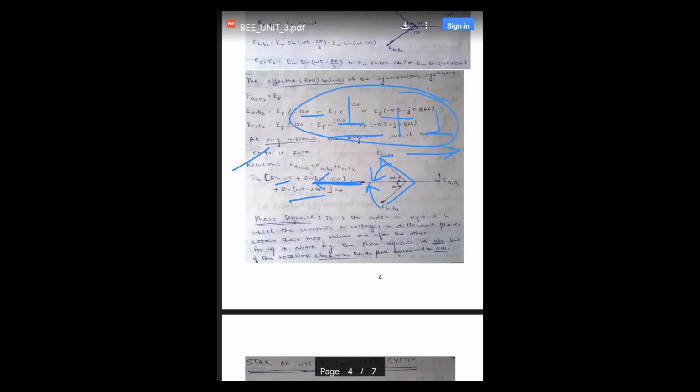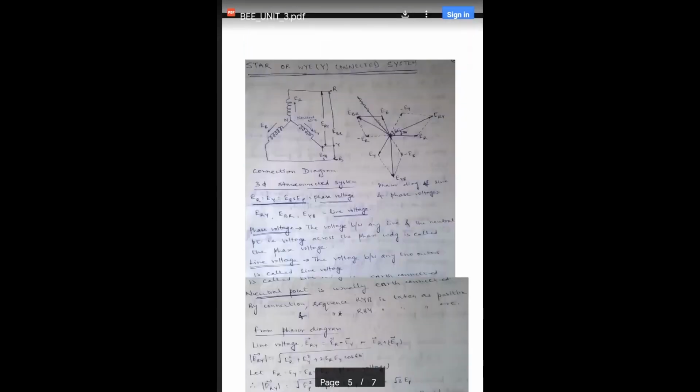Okay, so phase sequence I have explained to you earlier. It is the sequence in which the different phases are crossing the reference axis. Okay, so this is the A axis, B axis, and C axis. So the phase sequence will be ABC, and if C is here and B is there, then it becomes ACB. So focus on this.